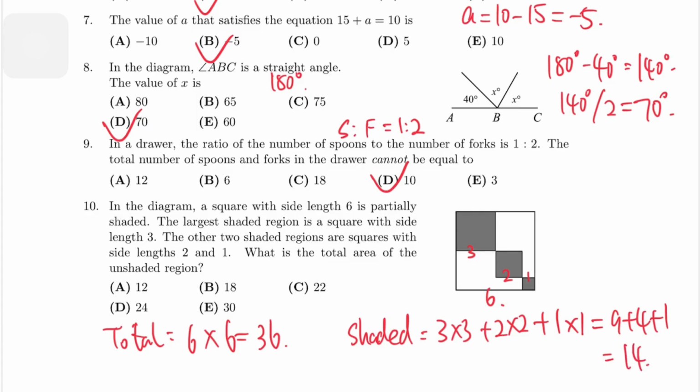So the unshaded area will be 36 minus 14, which is 22. So the answer is C.